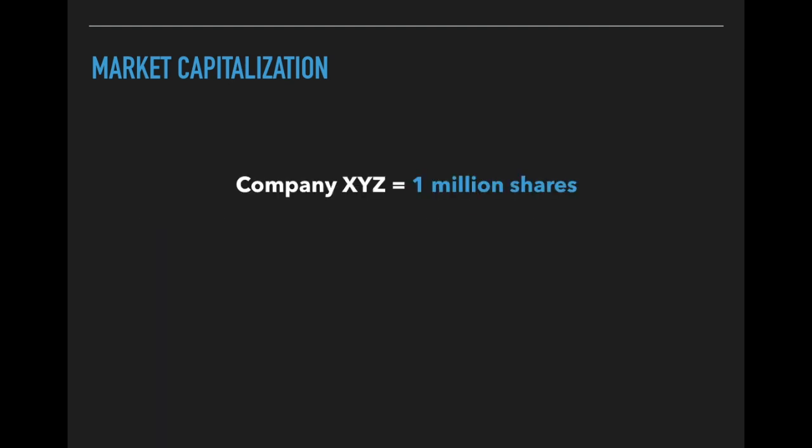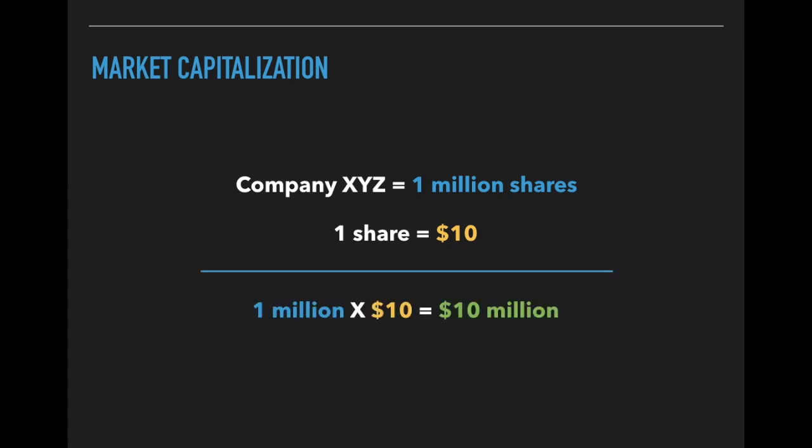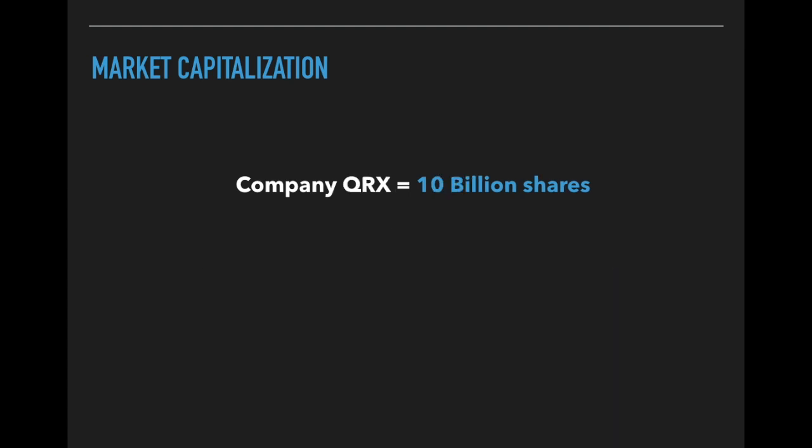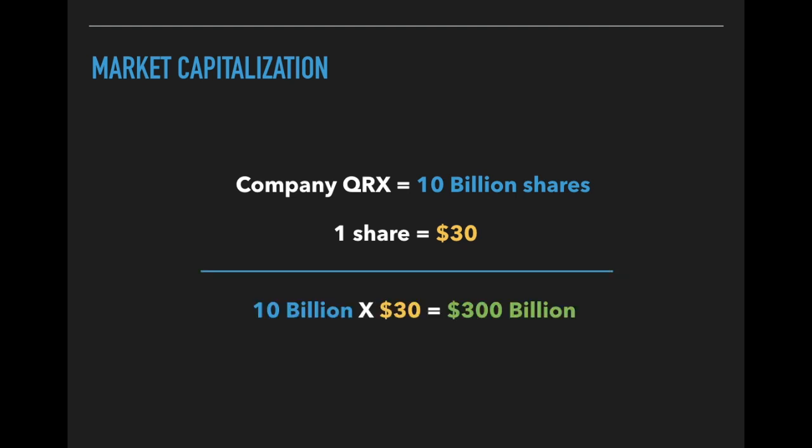So if a company has 1 million outstanding shares, or in other words, total shares, and each share is worth $10, then that is a $10 million company. If a company has 10 billion shares and each share is priced at $30, then that is a $300 billion company.